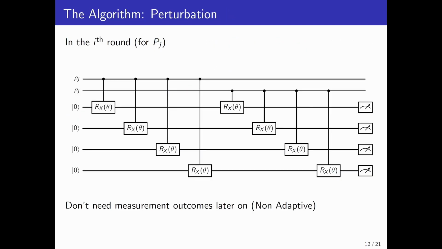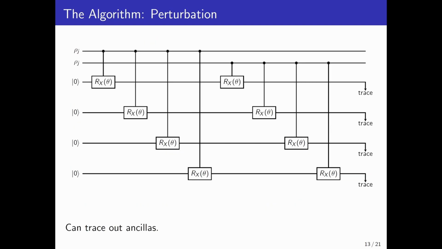We redraw the circuit from before for the ith round, except we're starting with rho j's this time. Right now, we don't really care about the measurement outcomes in this round, as they don't affect the estimate in round i. Therefore, we can pretend that we simply trace out the ancilla qubits in round j. In fact, we can do something stranger.